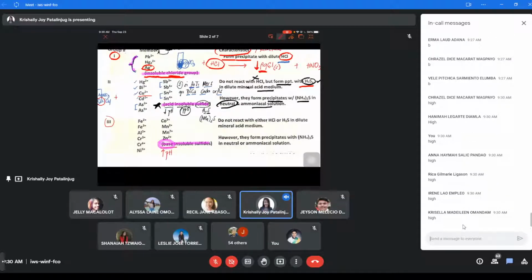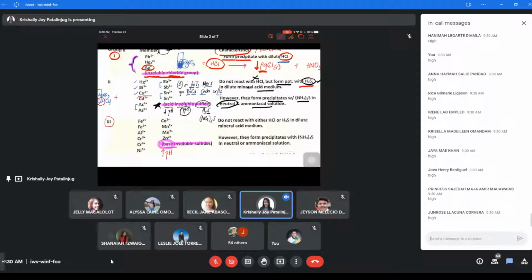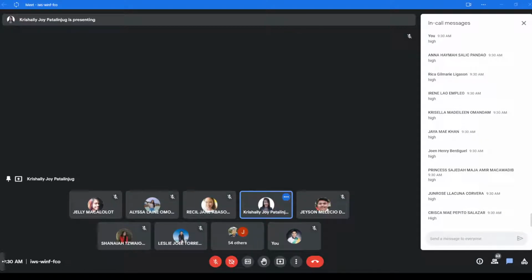What bases can alkalinize the environment? For example, ammonium hydroxide.